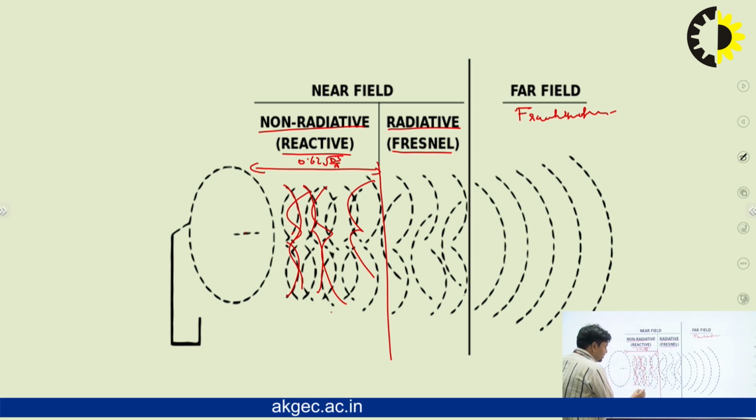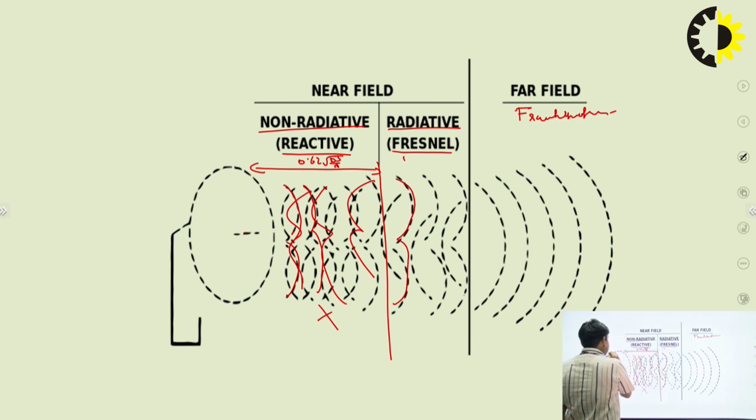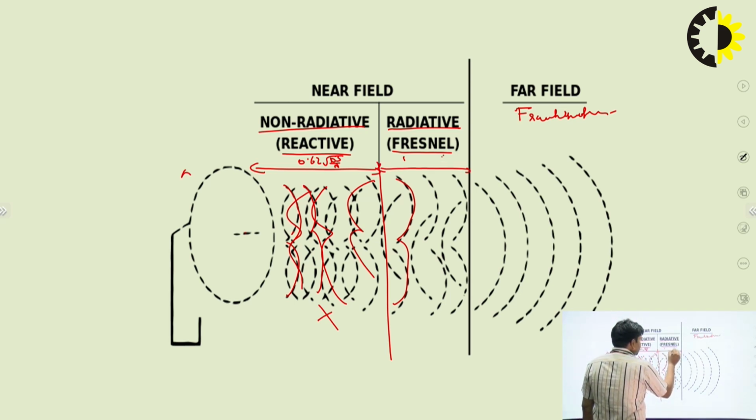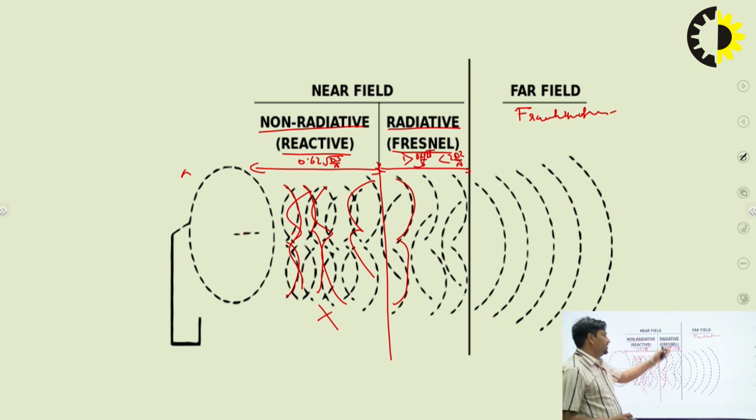So this is not used in any applications, but the radiative Fresnel region is used. In that case, if your antenna distance is less than 2D squared by lambda and greater than 0.62 under root D cubed by lambda, then this radiative region occurs.